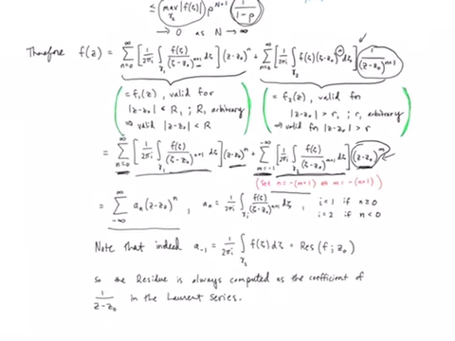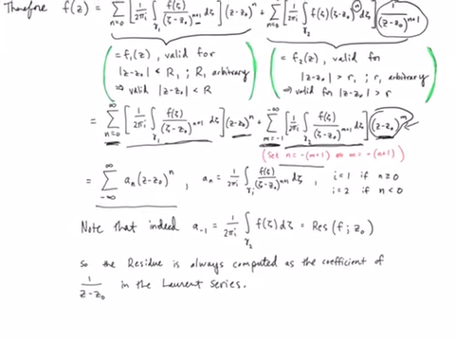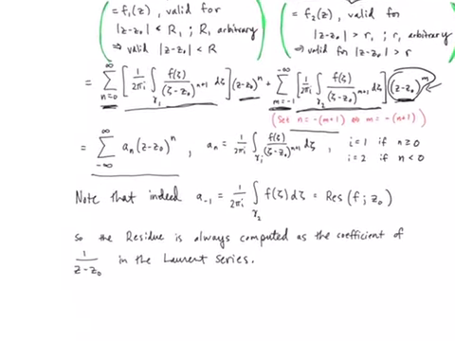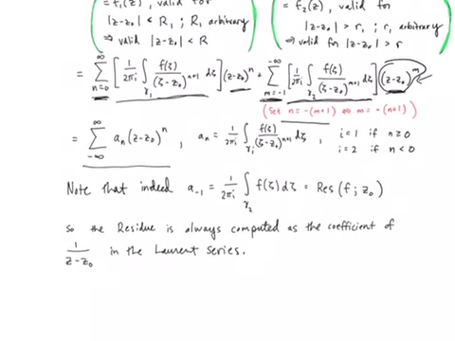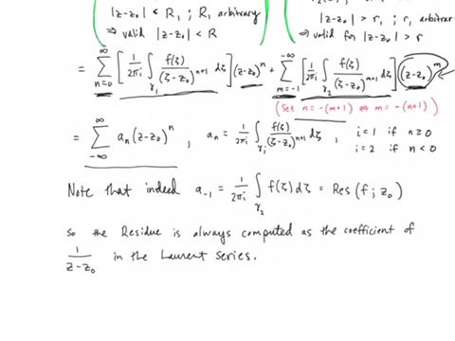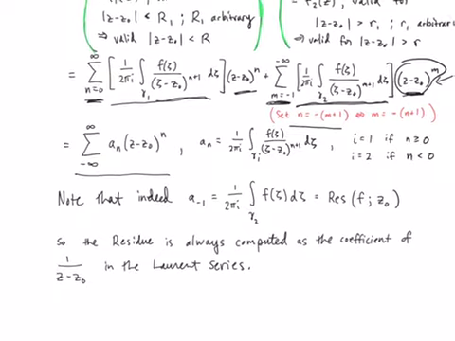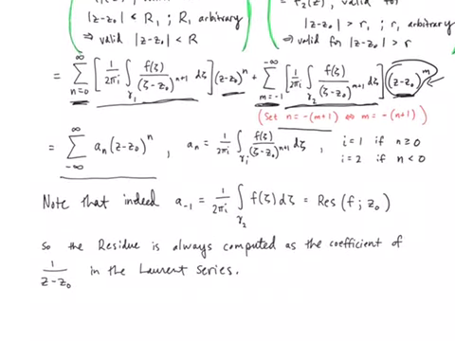They're these integrals. And as a bonus of that, we note that indeed the negative 1 coefficient, the coefficient of z minus z naught to the negative 1, is going to be when n equals negative 1. So we just plug that into this integral formula here, and we find that a sub negative 1 is 1 over 2 pi i times the integral around gamma 2 of f of zeta d zeta.